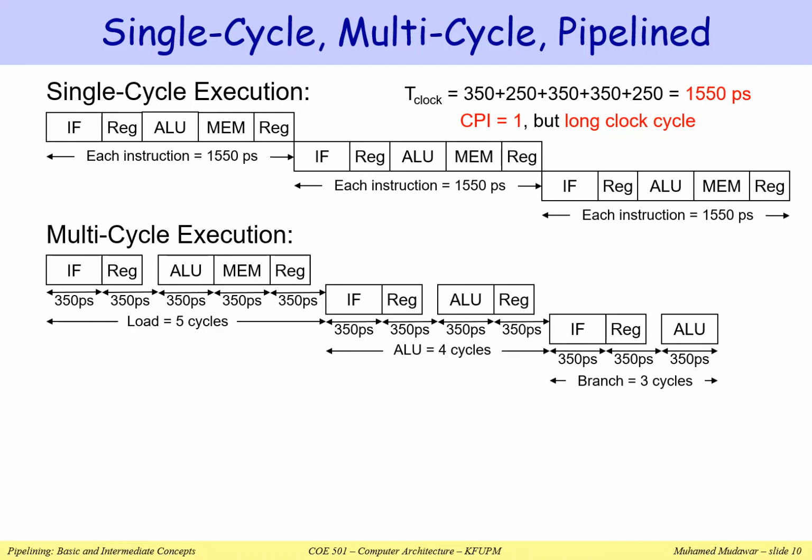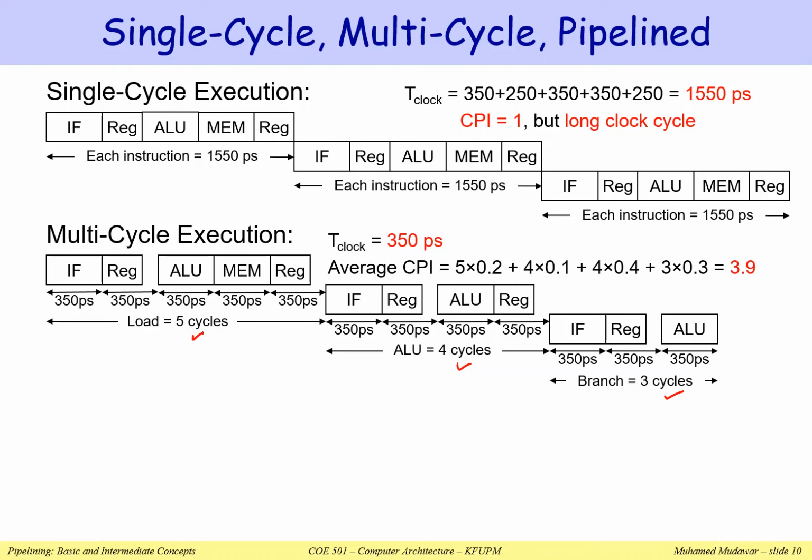On the other hand, in multi-cycle, different instructions take different numbers of clock cycles. You can see the load taking 5 cycles, the ALU 4 cycles, and the branch 3 cycles. But the clock cycle is reduced to only 350 picoseconds.